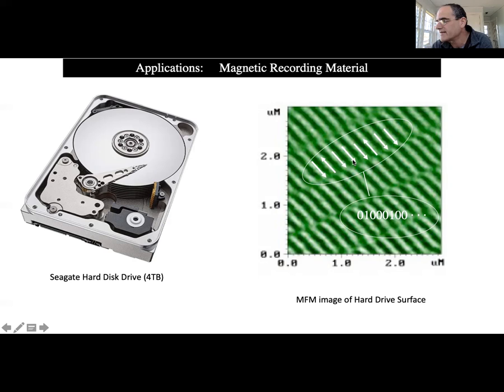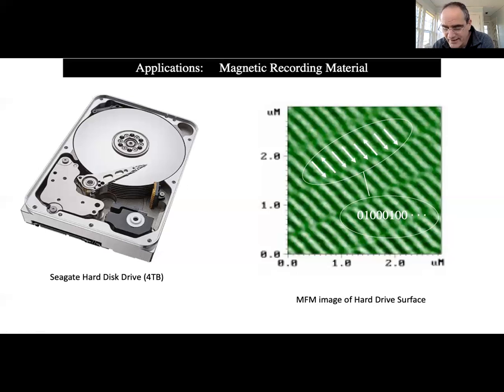It could be magnetized in one direction or in the opposite direction, and that would represent a 0 or a 1. Okay? And this is all very small. Note the scale. This is just 3 microns by 3 microns.